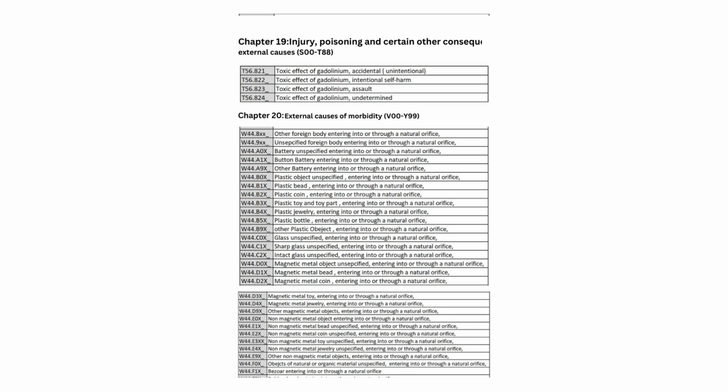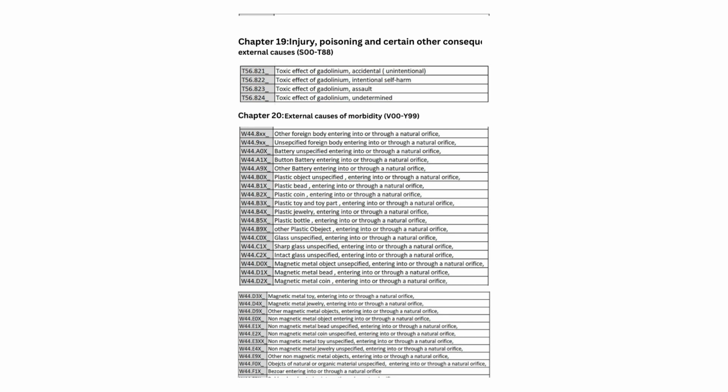Majority of codes are added for little kids sticking metal objects, magnets, pieces of plastic toys, jewelry, and so forth into their ears, nose, and mouth. So you can see we have different types of objects here that can be inserted or entered into the throat or natural orifice.